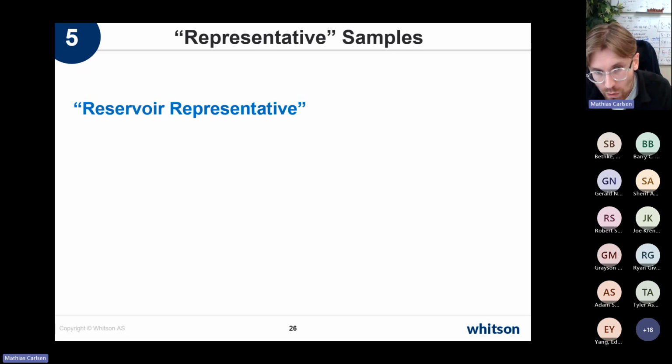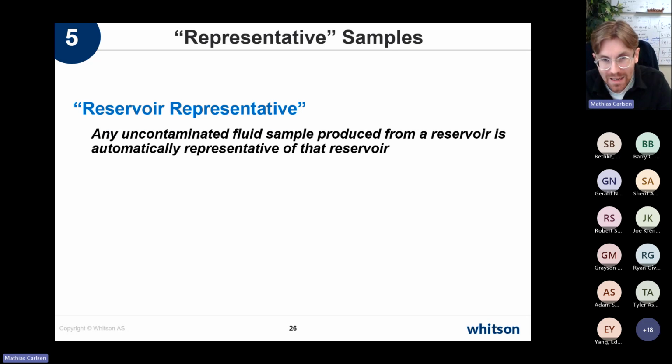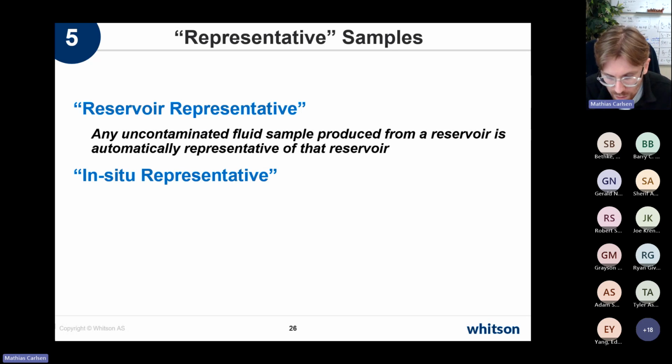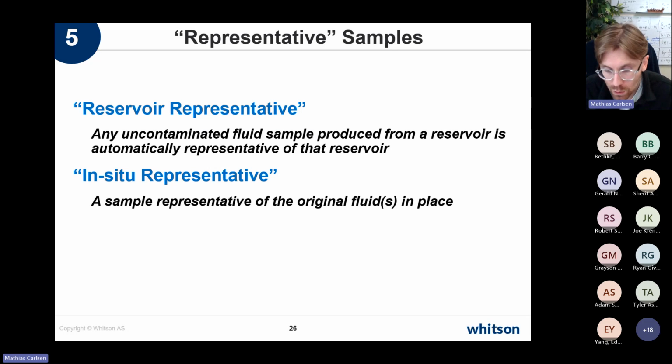A reservoir representative sample is any uncontaminated fluid sample that's produced from the reservoir. And that is automatically representative of that reservoir. An in situ representative fluid sample is a sample that's representative of the original fluids in place. So what happens here many times is that people think that a PVT sample that is, for instance, not sampled at the original GOR of the well can't be used for anything, okay?